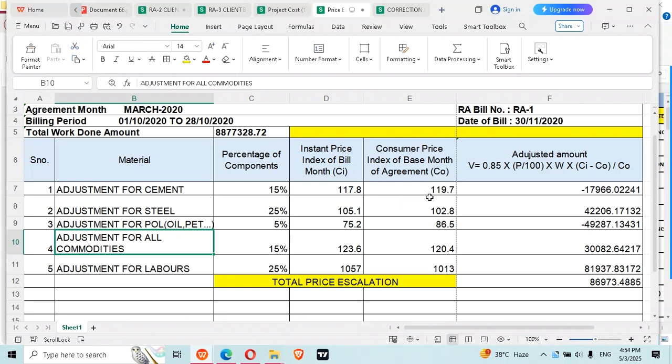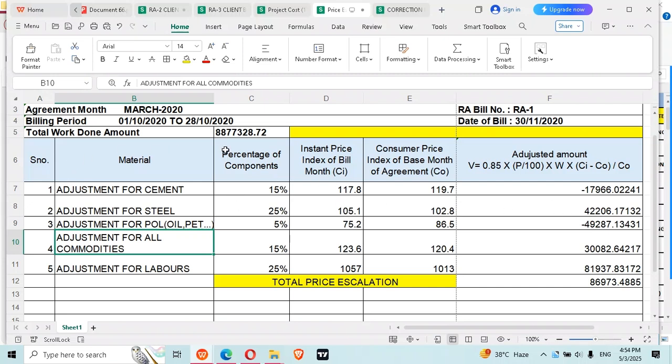Around 2 rupees has gone down. So that's why the adjusted amount is negative. But at the time of agreement it was 102.8, and now it is 105. It means it has increased right now. So that's why it is positive.